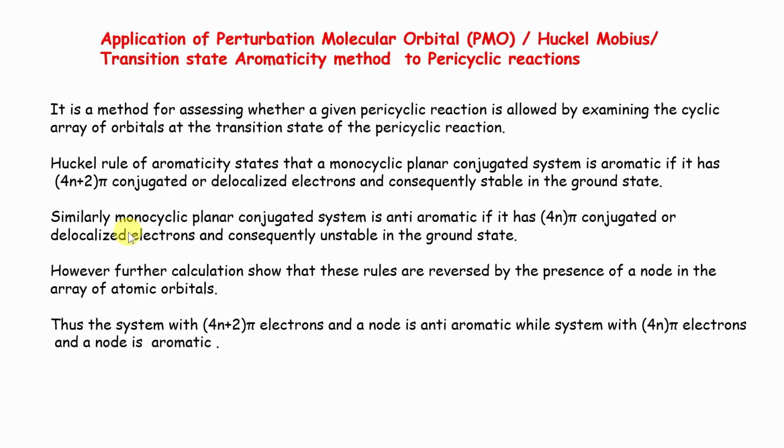That means Huckel's rule will be reversed by the presence of a node. That is why a system with 4n plus 2 pi electrons and a node will be anti-aromatic instead of aromatic, while a system with 4n pi electrons and a node will be aromatic.